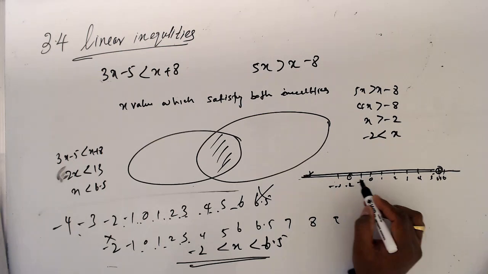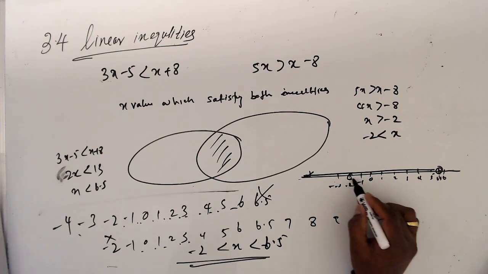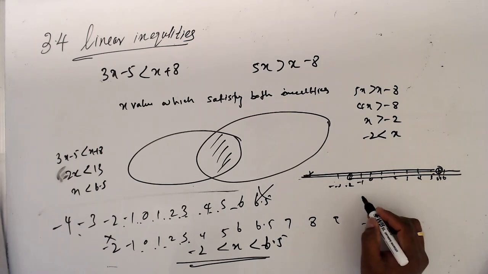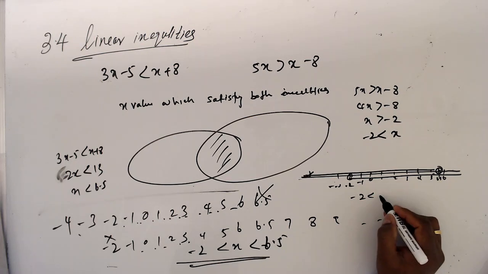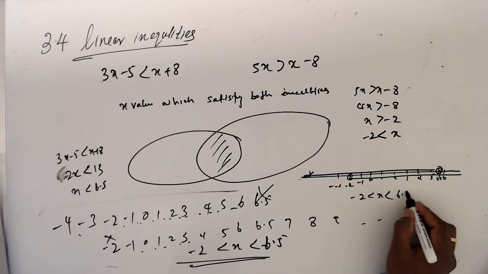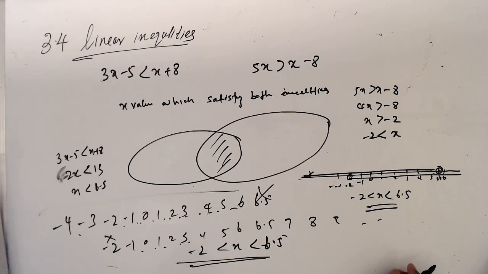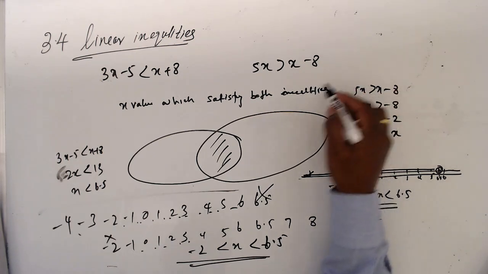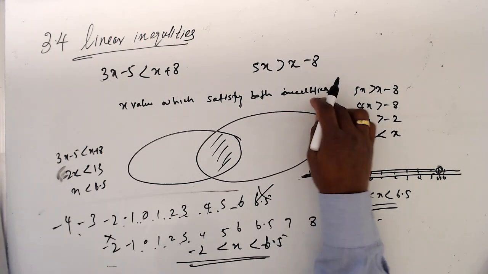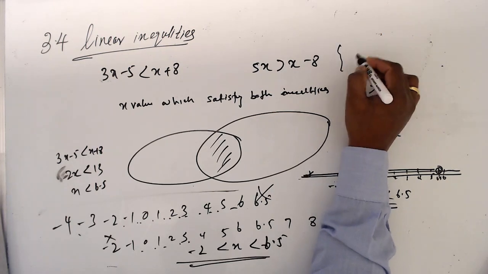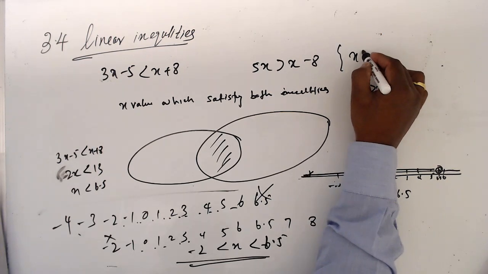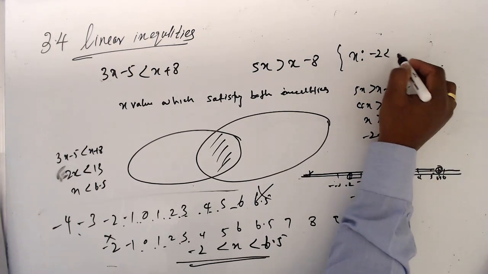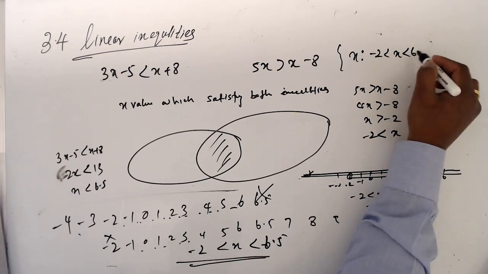We circle all the values less than 6.5, then take all the values greater than minus 2, and the overlap is the common area you are looking for: minus 2 less than x less than 6.5. So the solution, the x values which satisfy both inequalities, is x such that minus 2 is less than x, which is less than 6.5.